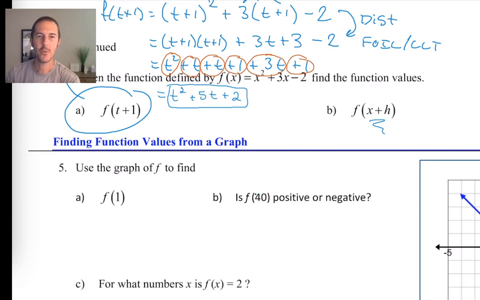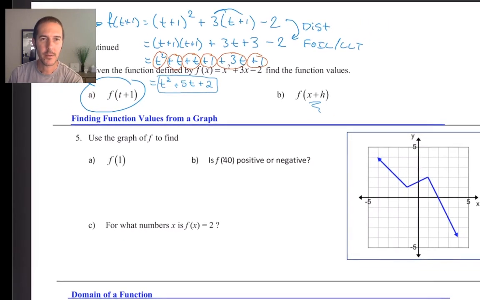You might not do it so much in a pre-calc class, but definitely in a business calculus class or a calculus 1 class. So if either one of those are part of your track, be aware that plugging in expressions like x plus h into a function will be an active part of some of the math that you're going to see coming up.